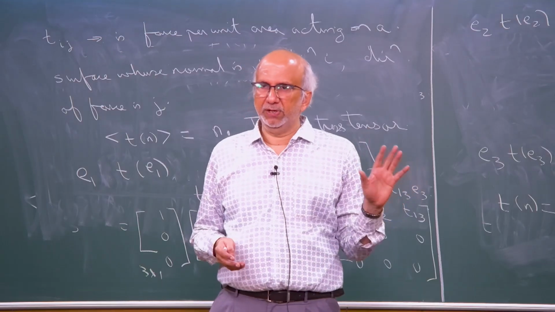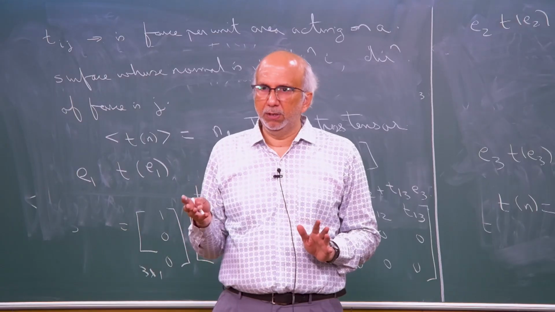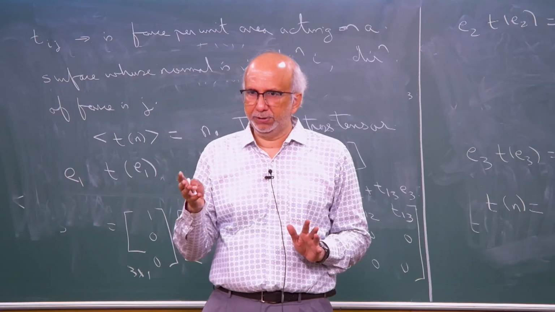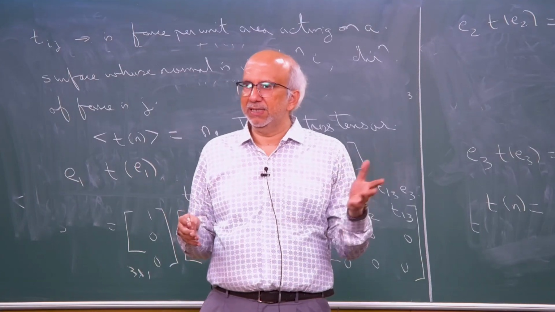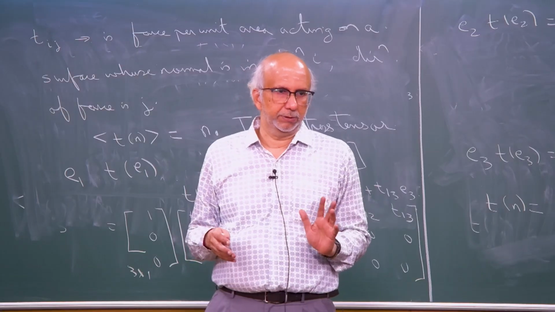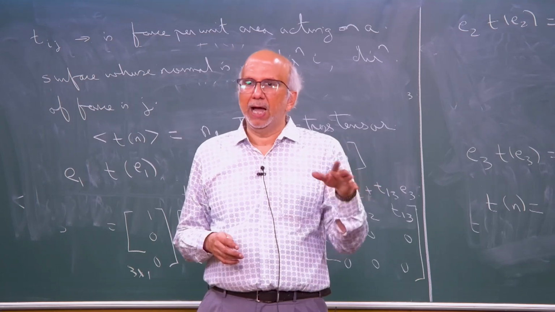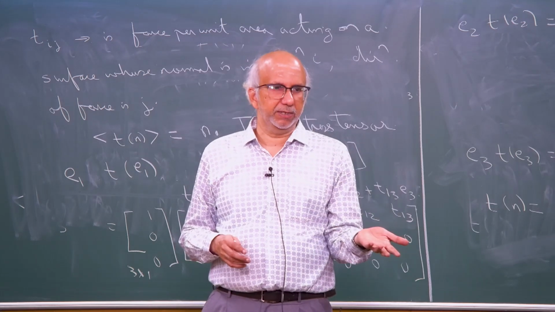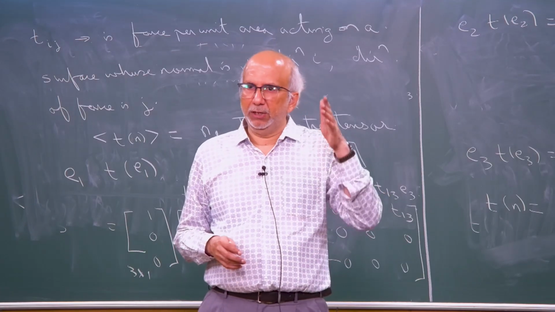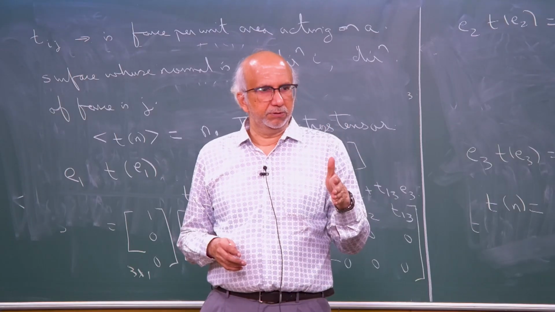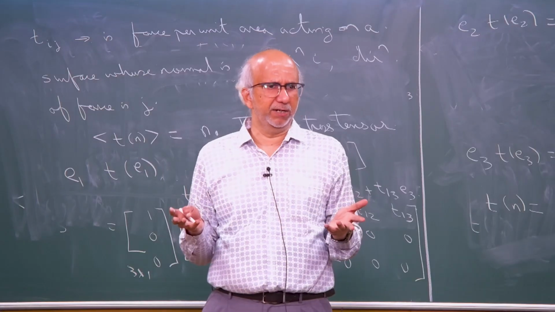What have we done so far? We are saying that if you have an arbitrary surface, you know the direction of the normal to that surface at a particular point, you can write the stress component in terms of the classical 3 directions E1, E2, E3. That is what we have done. So, given any arbitrary surface, I can write the stress vector acting on that surface in terms of stress vectors acting on the 3 surfaces whose outward normals are in the E1, E2, E3 directions, because E1, E2, E3 is standard.